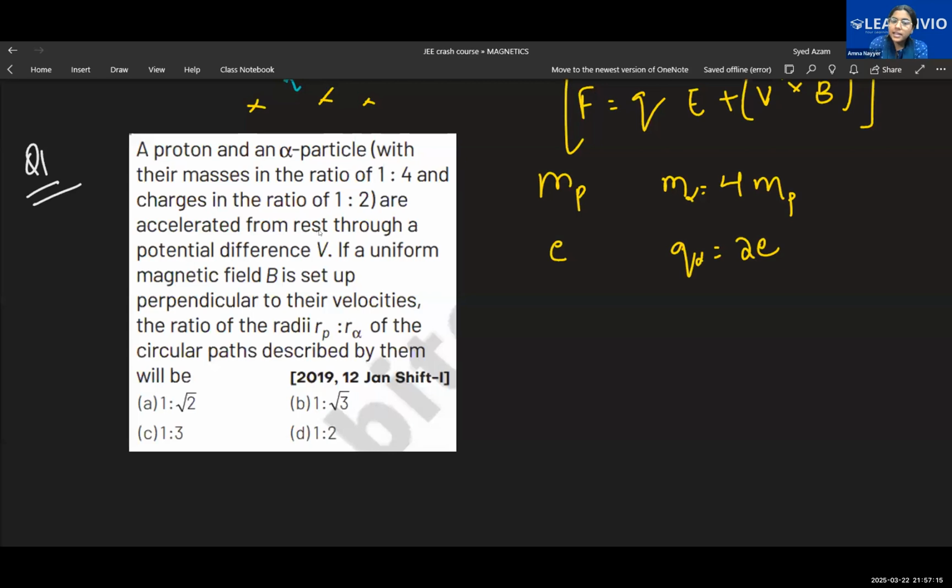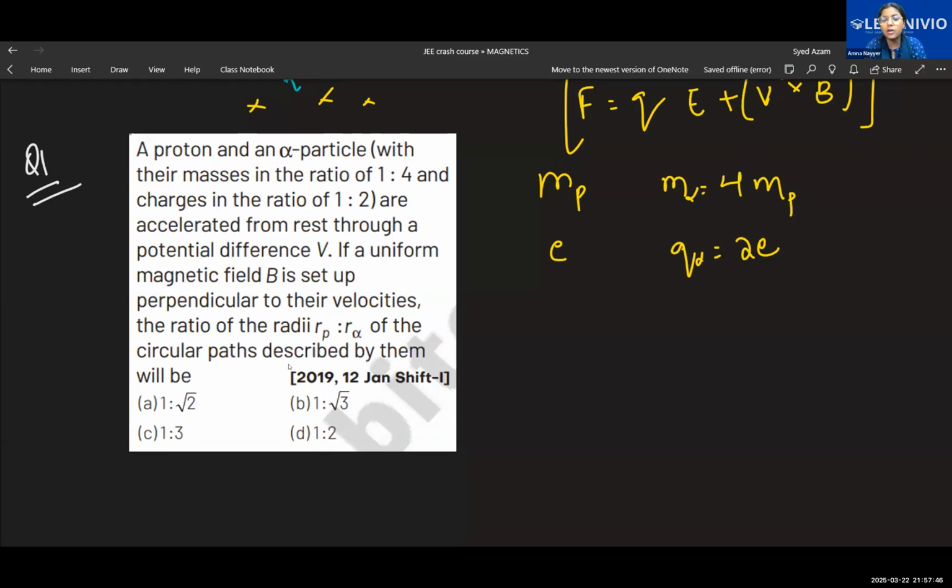So they are accelerated from rest through a potential difference V. See, V is included. If a uniform magnetic field B is set up, in the same magnetic field the charges will be moving, so the magnetic field will remain the same. The potential difference is also given, and that is also the same. The magnetic field is perpendicular to their velocities.